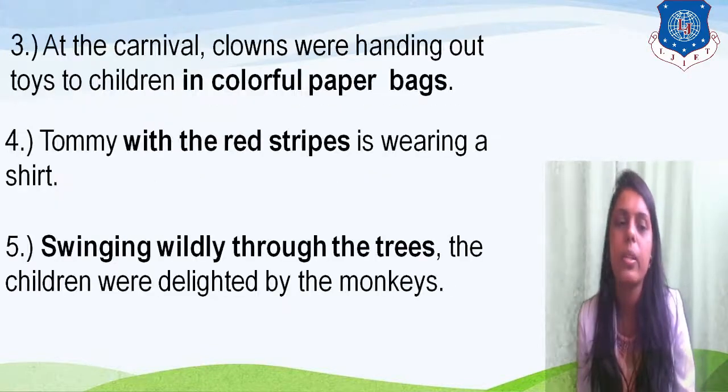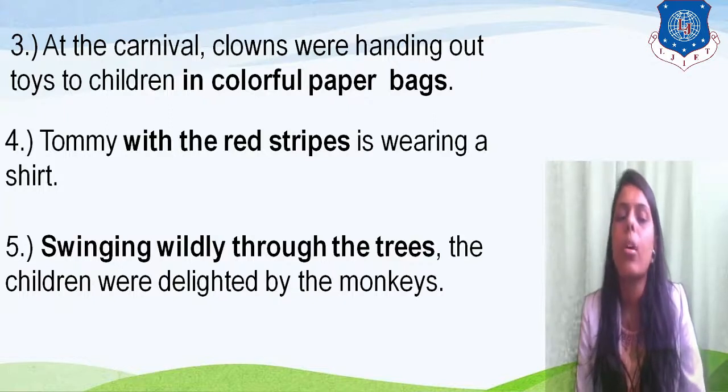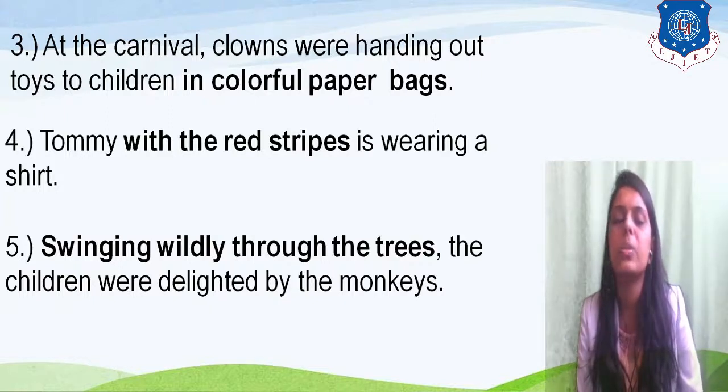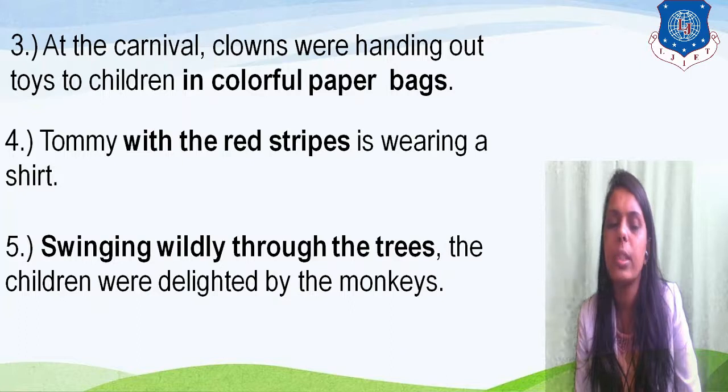Third: At the carnival, clowns were handing out toys to children in colorful paper bags. Fourth: Tommy with the red stripes is wearing a shirt. Fifth: Swinging wildly through the trees, the children were delighted by the monkeys.